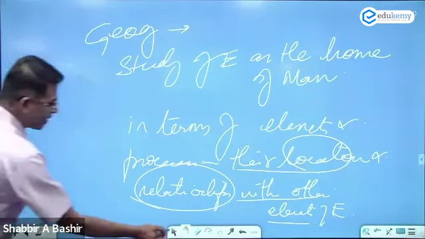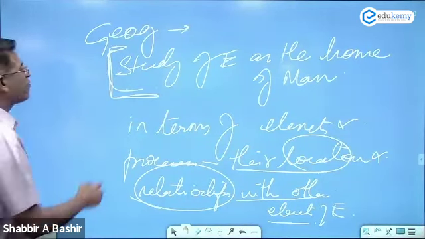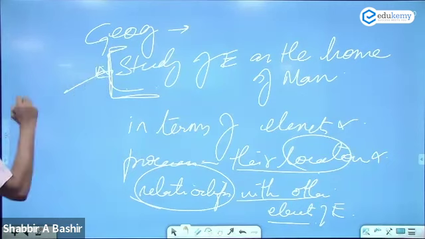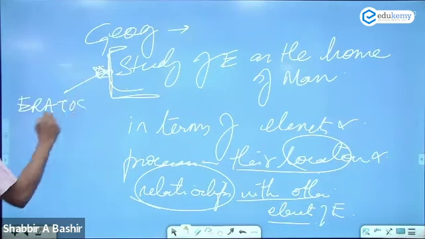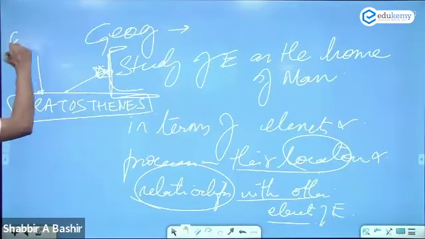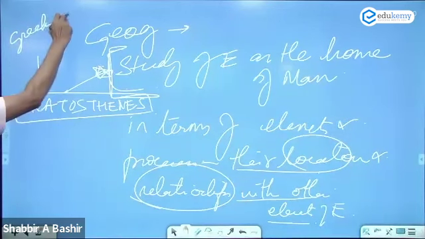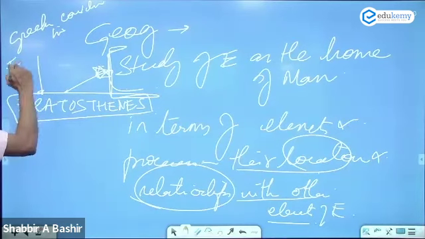ये जो statement है, this statement, the first part, study of Earth as the home of man, this was given by a Greek philosopher, Eratosthenes, a Greek philosopher way back in 3rd, 4th century BC. Okay, and the Greeks consider him as father of geography.